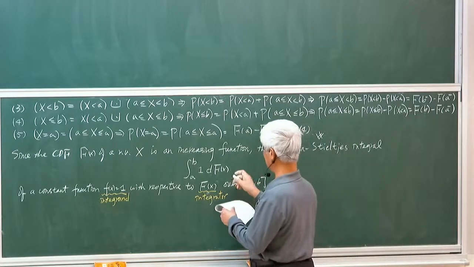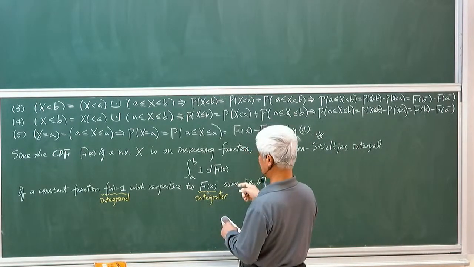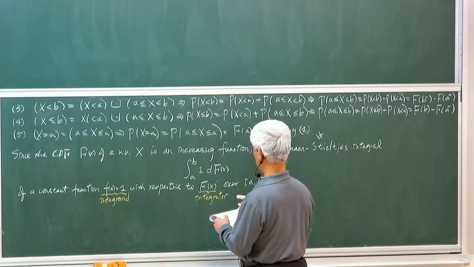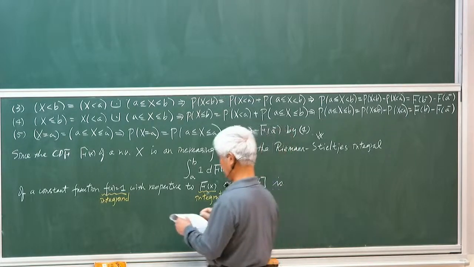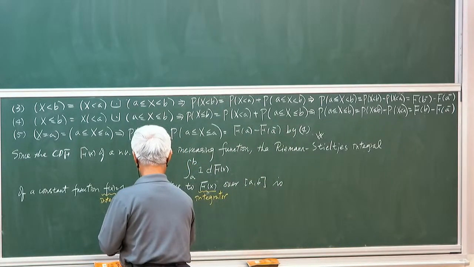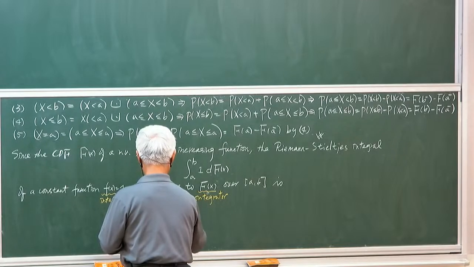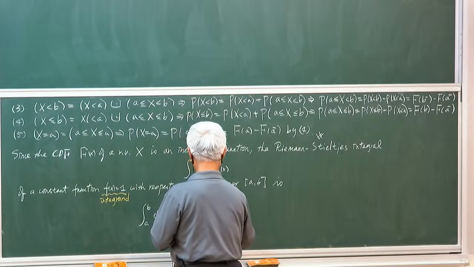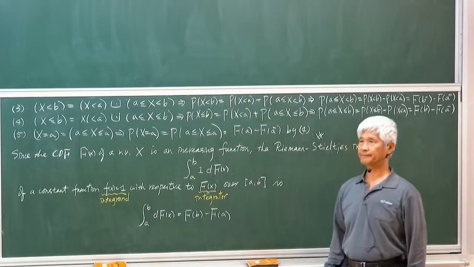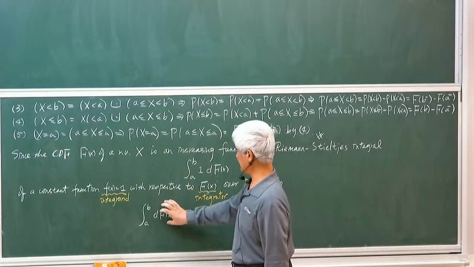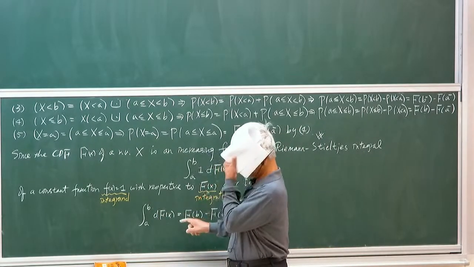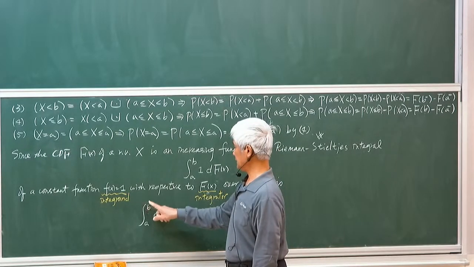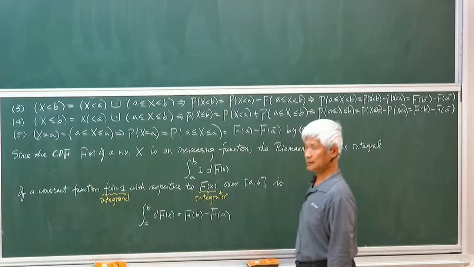Then this Riemann-Stieltjes integral is F(b) minus F(a). Okay, so just the endpoint values of the integrator, right? So this is the upper limit, this is the lower limit in the integration.